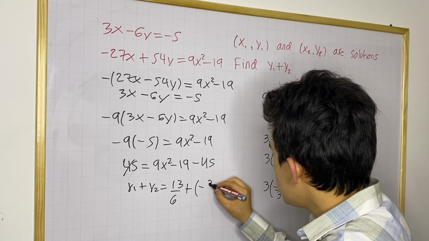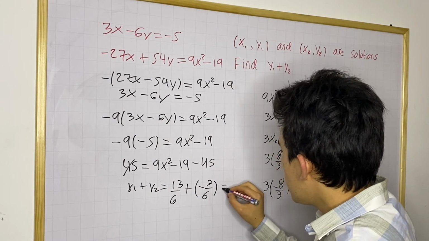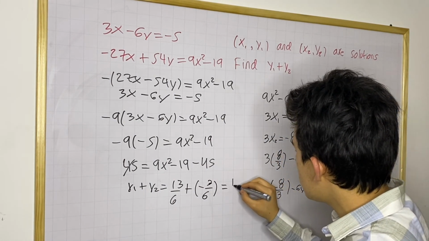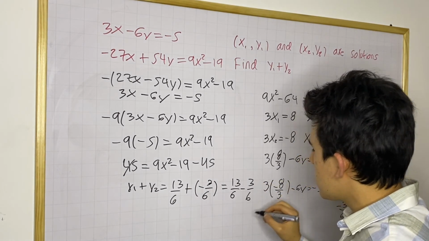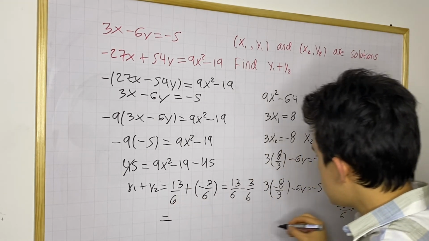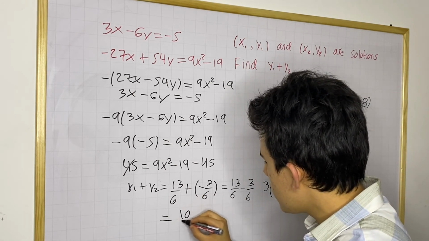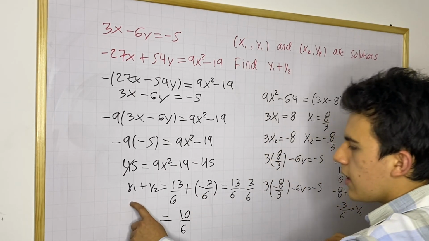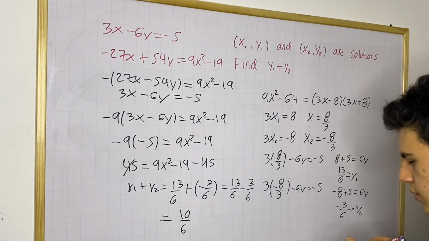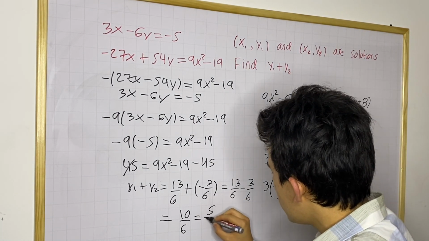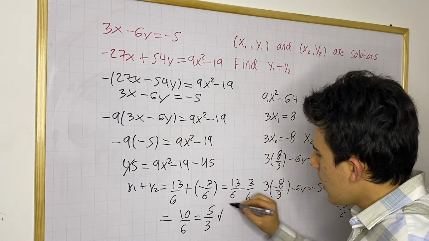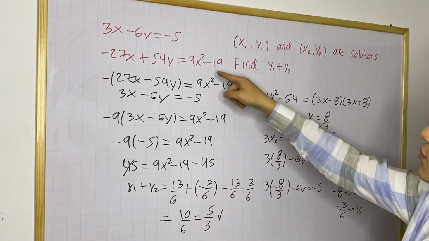This is the same as 13 over 6 minus 3 over 6, and you get that 10 over 6 is equal to y1 plus y2. This is how much you get, and if you want to simplify, you just get 5 over 3. And this is the answer for this problem right there.